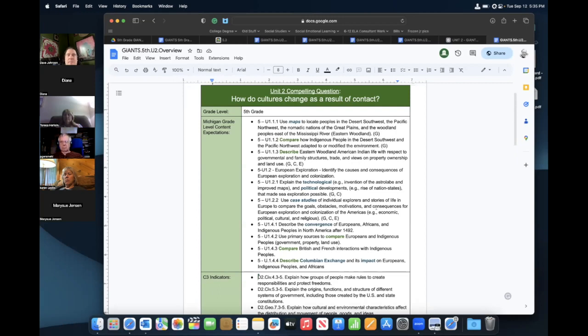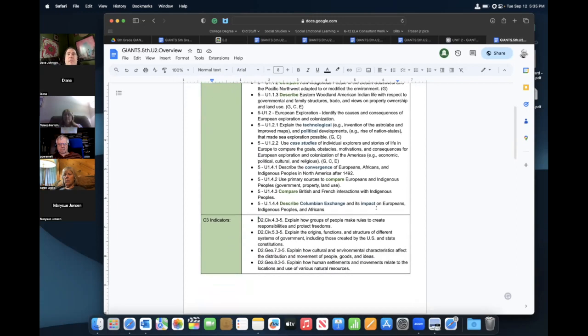We do a little bit of it in this unit, but we put some very intentional pieces together in Unit 3, which we'll go over in October. So if you're looking at these standards and you're like, where's Africa? We talk about Africa, but not enough in this unit that we felt comfortable putting the standards here. So just keep that in mind as you go through the unit.